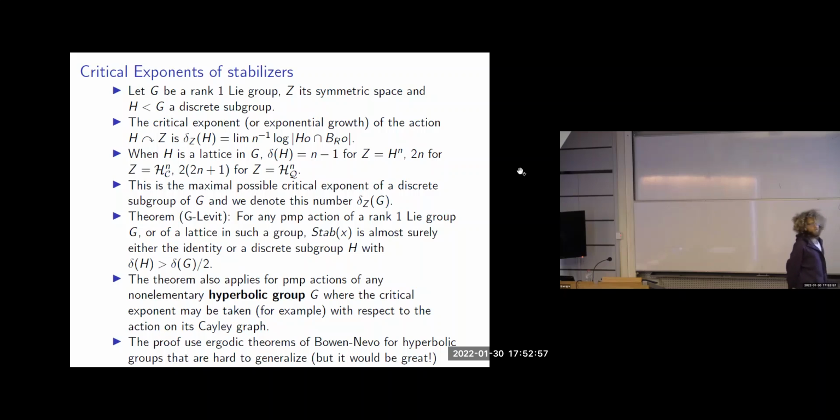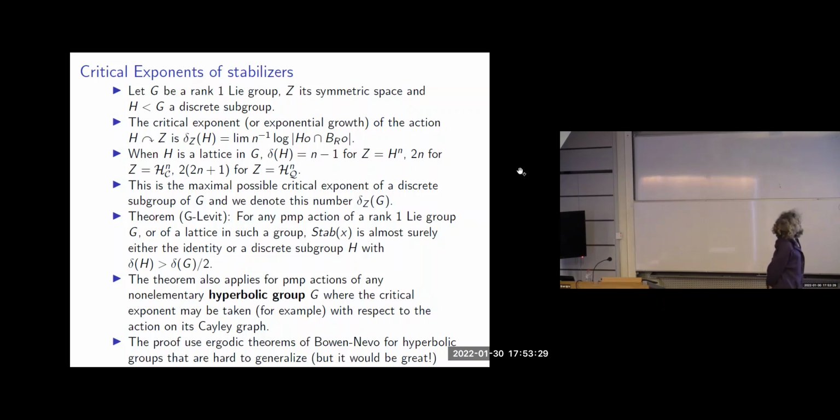You can also think of it as the Hausdorff dimension of the boundary of the symmetric space in the right sense. So this number is the maximal possible exponential growth rate of a discrete subgroup of G. Lattices are the biggest possible discrete subgroups, and we can denote it by something. It depends only on the group.